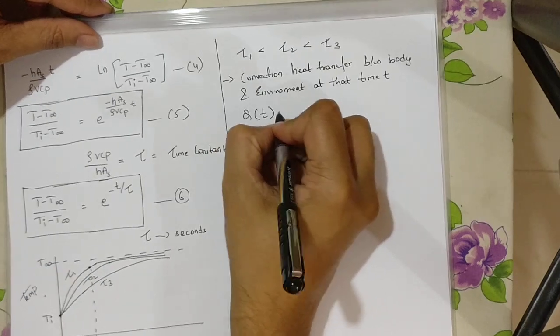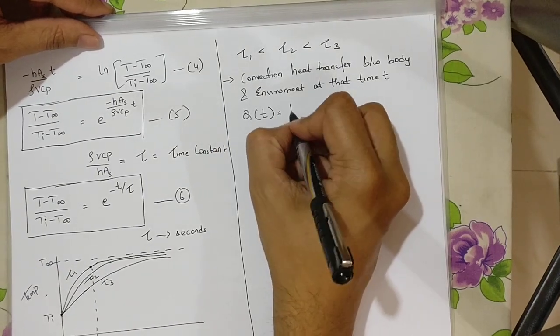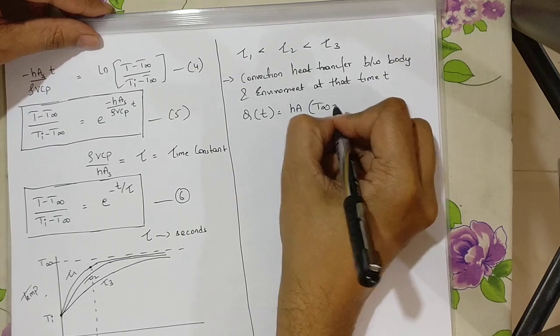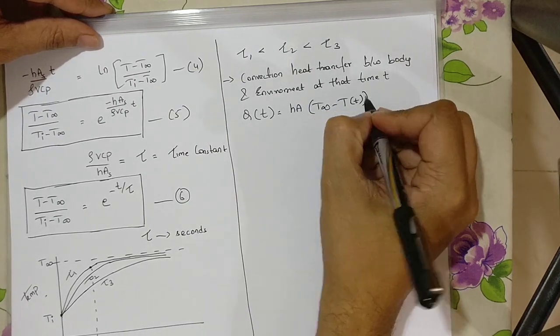Then it would be Q of t, right? And it would be similar to Newton's law of cooling, just write hA (T infinity minus T of t).